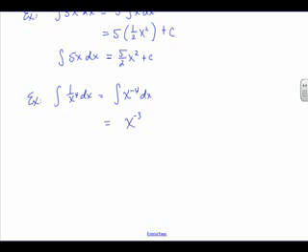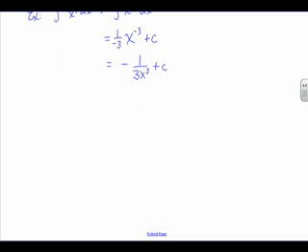And when you've got negative powers, be careful. You are adding 1 to -4. It's going to take you to -3. And then you divide by that new power. So if we wanted to clean that up, we could write that as the opposite of 1 over 3x cubed plus c, and that looks a little bit nicer.